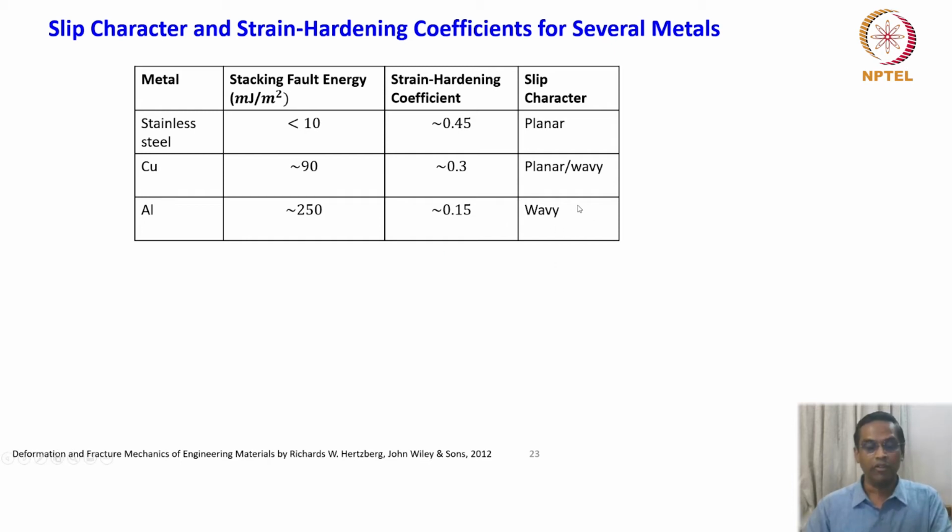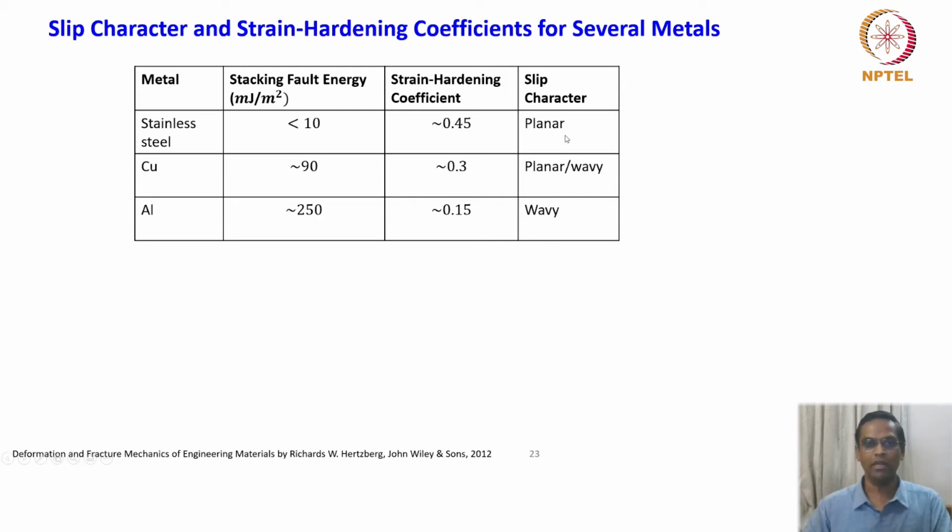So that's all we are saying. When the deformation takes place with such ease, the substructure which is going to form is all going to appear wavy in nature. That's why it's called wavy slip nature. All the dislocation walls, bundles, dislocation cells, substructures, all of them will appear in a wavy form. That means it's not an organized form. On the other hand, the same dislocation substructures will appear in a planar fashion.